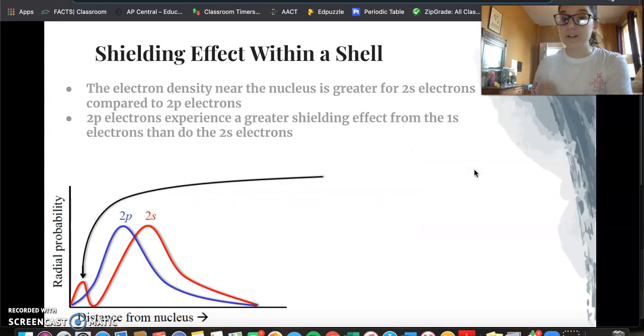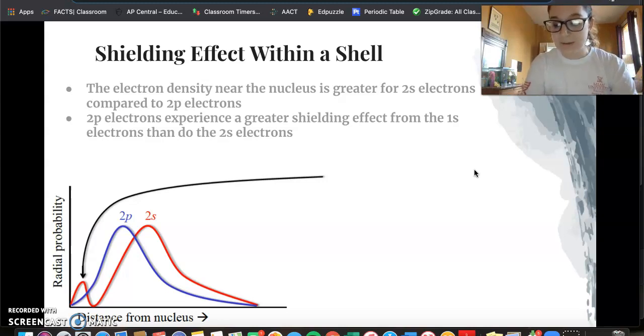If we consider shielding effect within a shell, the electron density in a nucleus is greater for 2s electrons compared to 2p electrons. So 2p electrons experience a greater shielding effect from the 1s electrons than the 2s electrons. So 2s electrons spend most of their time further from the nucleus than those in 2p.